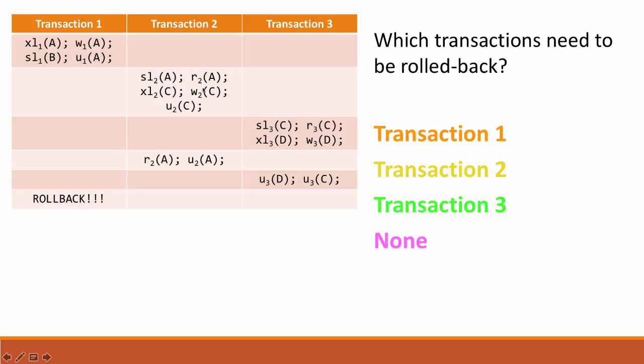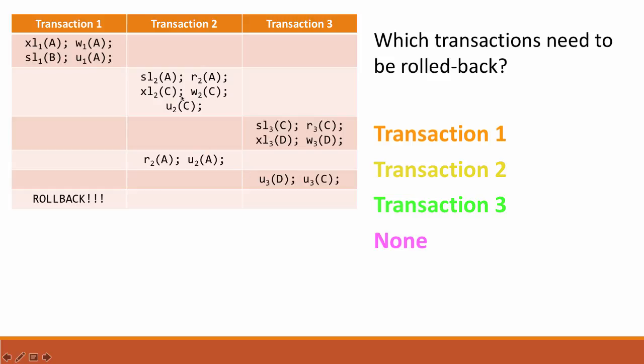But because transaction 2 read from database element A, and perhaps used database element A to help decide what it should write to C, transaction 2 is now kind of corrupted, and it means that transaction 3 also read data that could have been screwed up by transaction 2 because it was corrupted. So transaction 1 is now bad data, which messed up transaction 2, which messed up transaction 3.